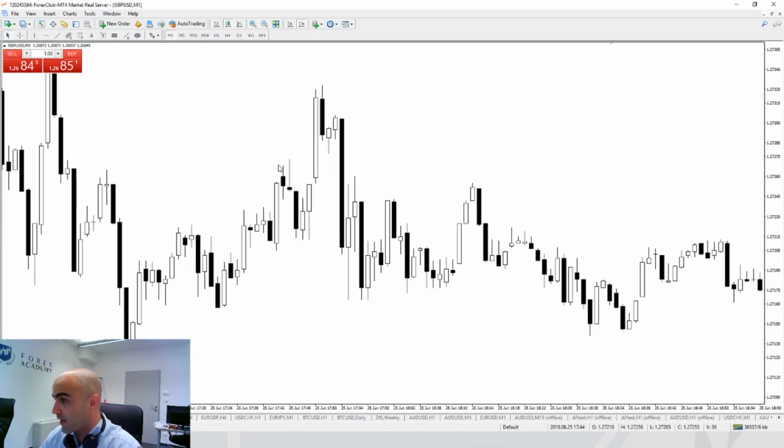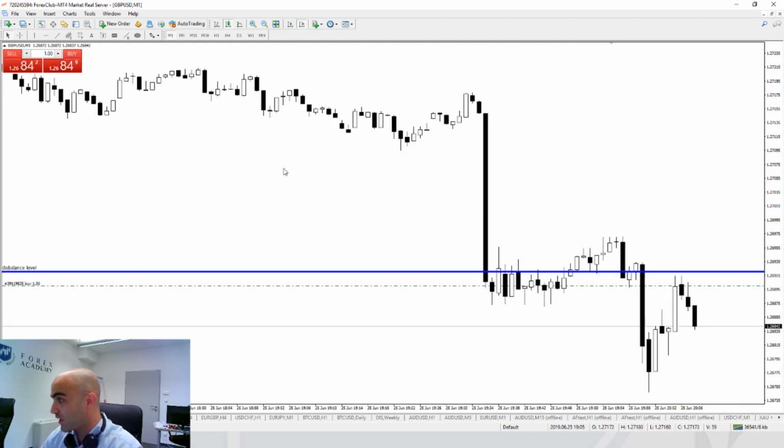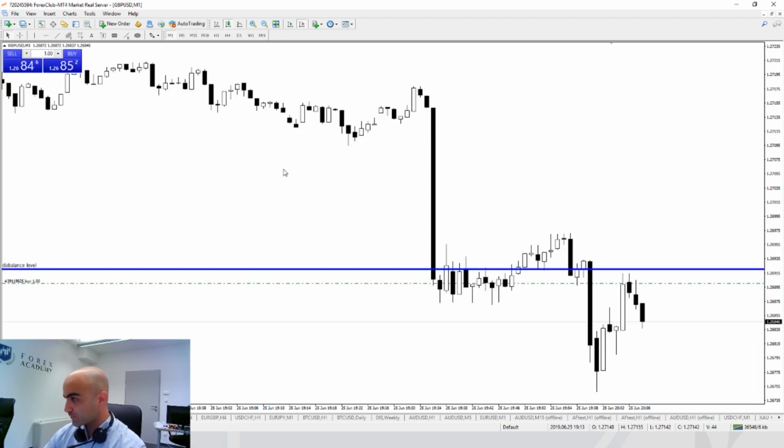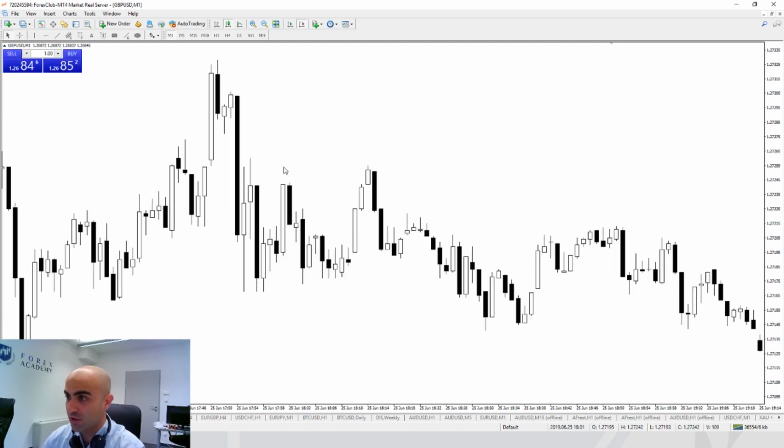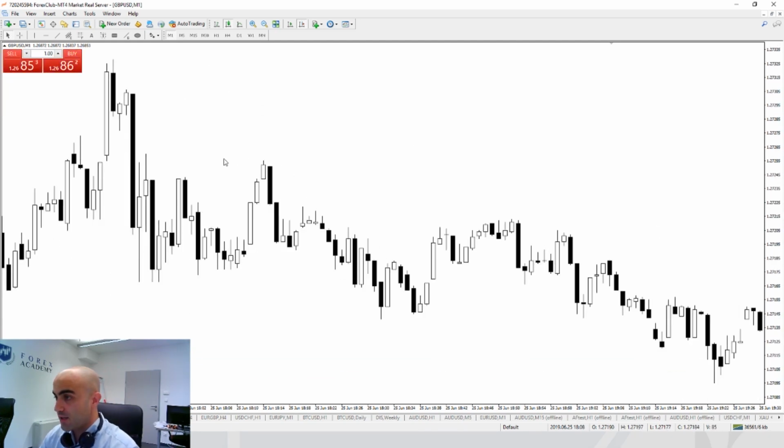Here we are on an actual live chart of the currency pair Great British Pound US dollar, and I want to show you how we need to bring into play some indicators in order to be sure of the exact spot to open the trade and win it.